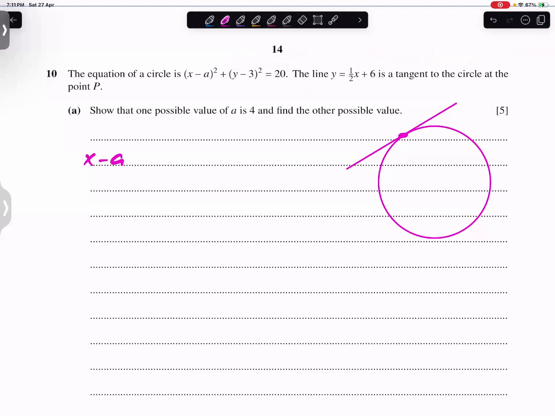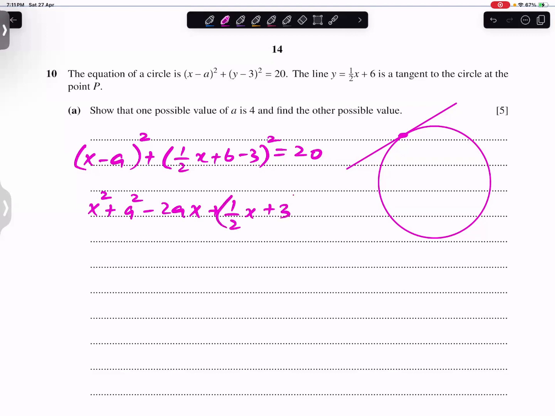So (x minus a) whole square plus (y is half x plus 6 minus 3) whole square is equal to 20. So a square plus b square minus 2ab plus (half x plus 3) whole square is equal to 20. x square plus a square minus 2ax plus a square plus b square plus 2ab.